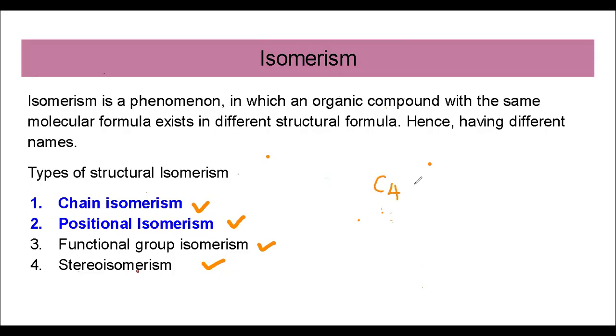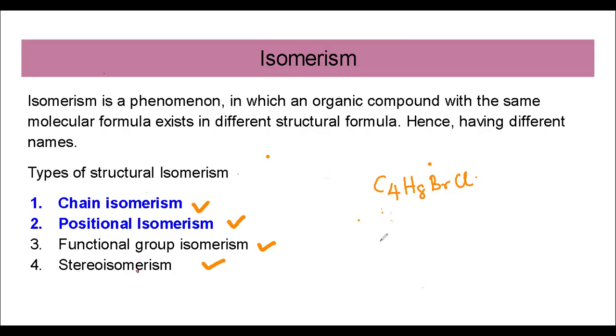So C4 instead of H10, let me replace two hydrogens there. Let me make it H8 and then replace with one bromine and then one chlorine. So you have C4H8BrCl. Now I'm going to draw the positional isomers for this.